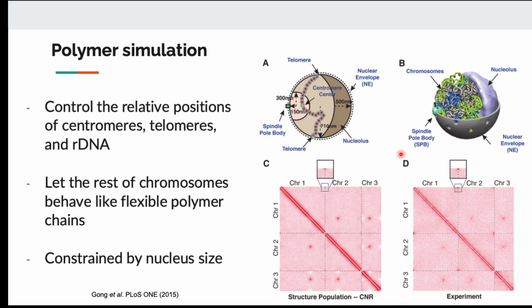So early models could already confirm that once you fix some constraints, like the size of the nucleus, the positioning of the centromere, and the length of the chromosomes, you can already reproduce some patterns that occur in real cells.